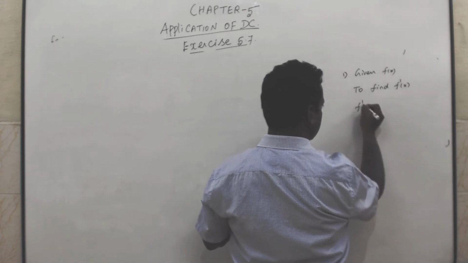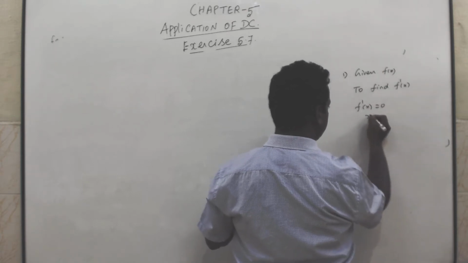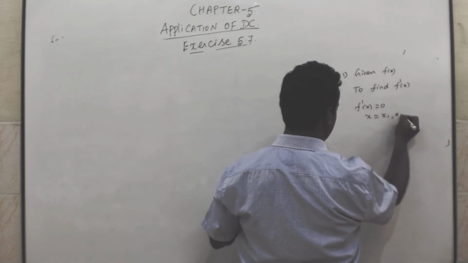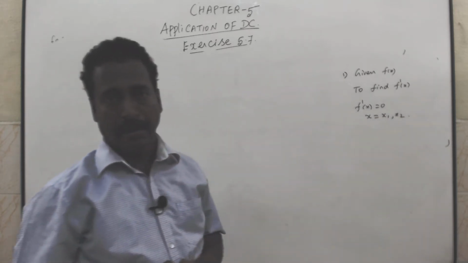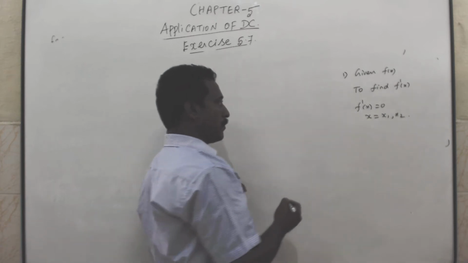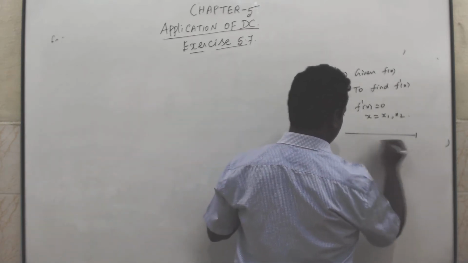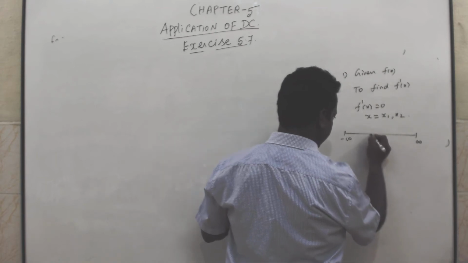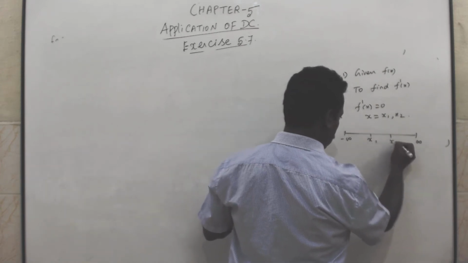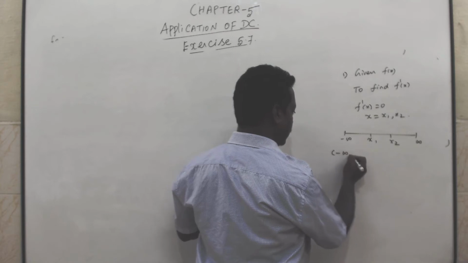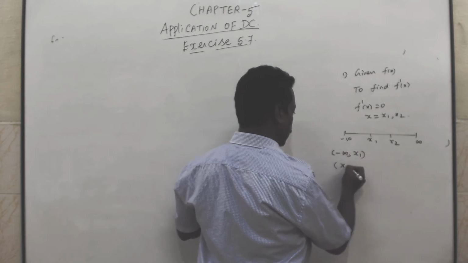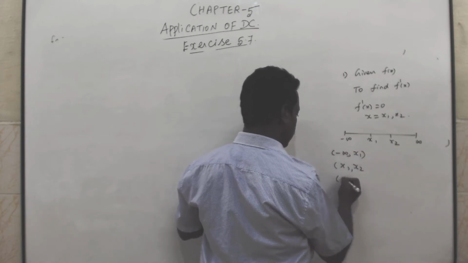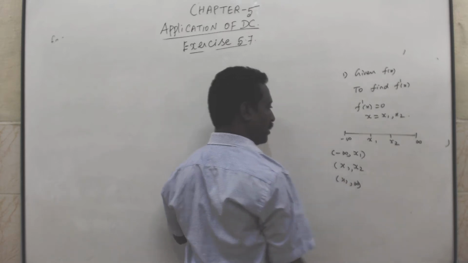Third step, f dash of x equal to 0, find the values of x equal to x1 or x2. Then draw the number line. Plot the points minus infinity to plus infinity, and in between plot the points x1, x2. Identify the intervals: minus infinity comma x1, x1 comma x2, x2 comma infinity.